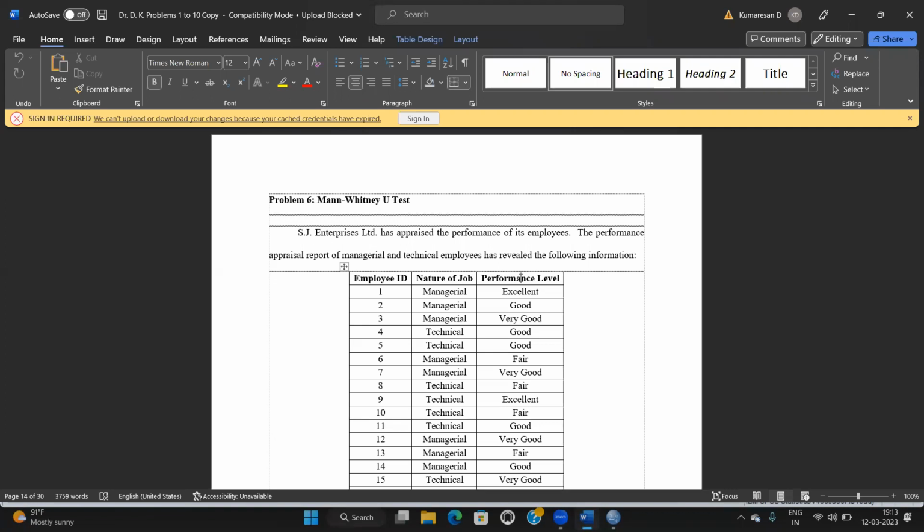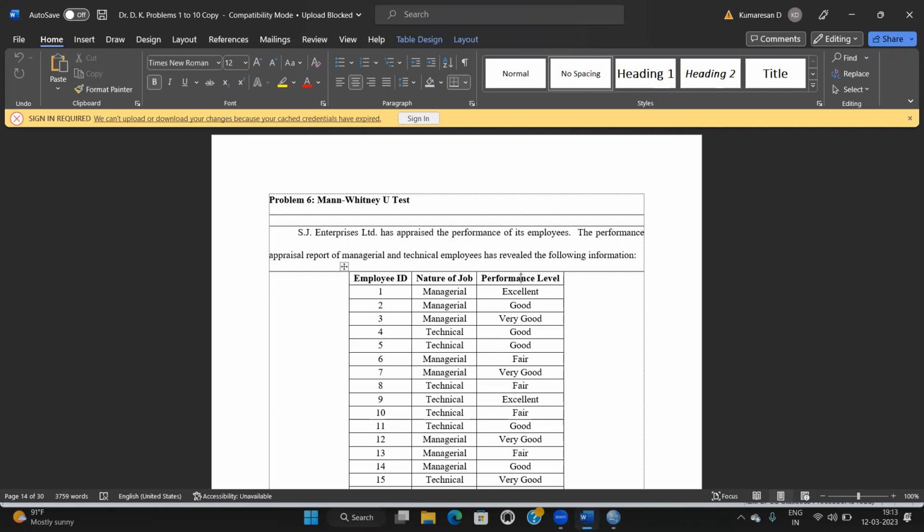So there is a relationship between independent samples t-test and Mann-Whitney U-test. The purpose of independent samples t-test and Mann-Whitney U-test is one and the same, but it varies with reference to the dependent variable.